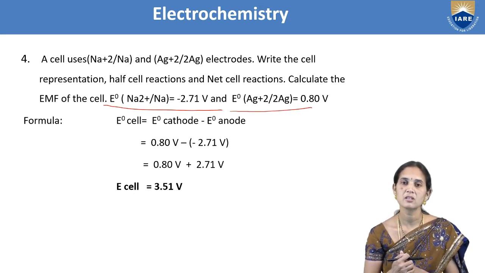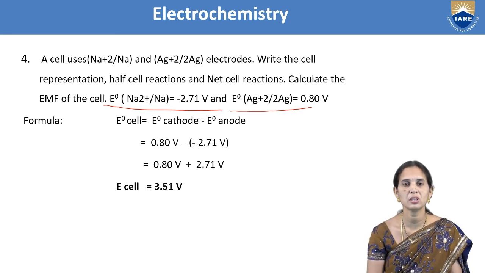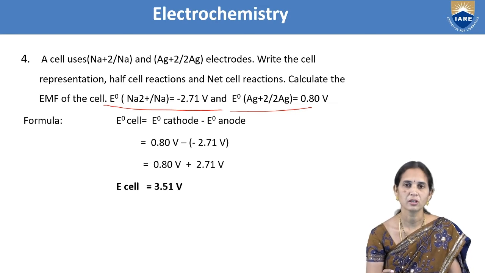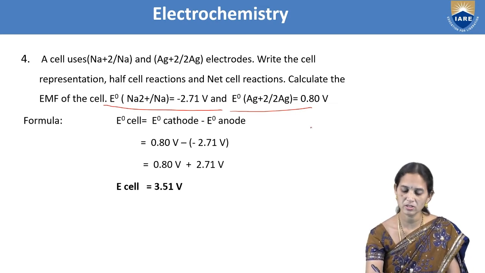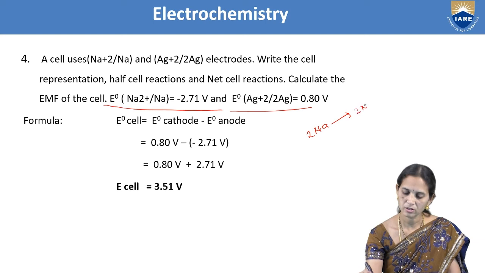So sodium metal will immediately undergo oxidation compared to silver metal. So we can write the half cell reactions: sodium metal is undergoing an oxidation reaction.